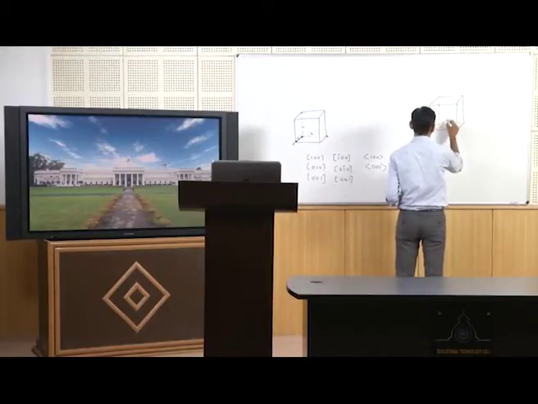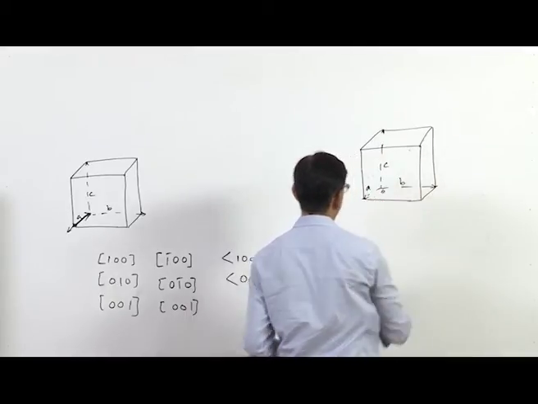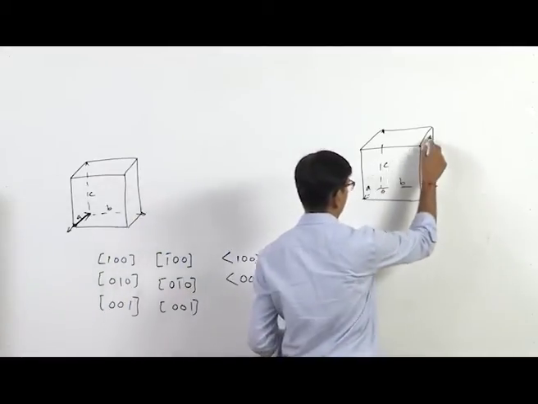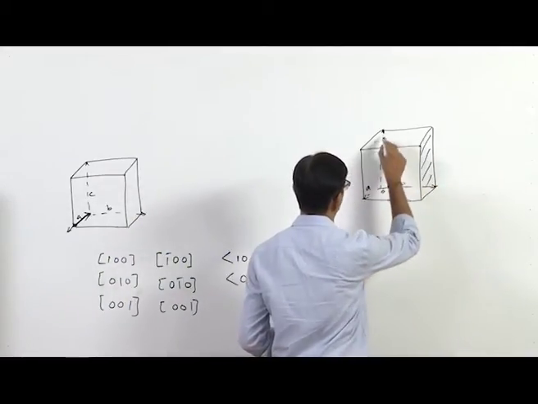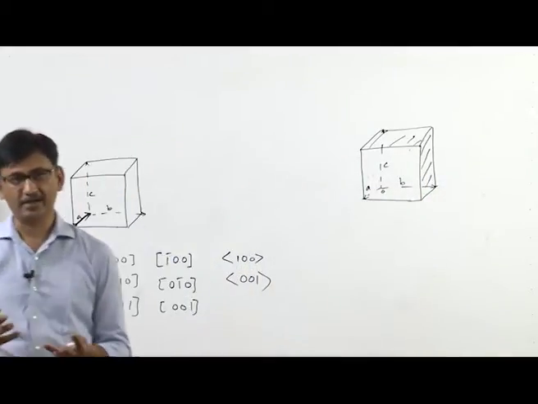This is A, B and C, these are all positive directions with the origin here. Again, let us say we talk about these particular planes, they are all of similar type.